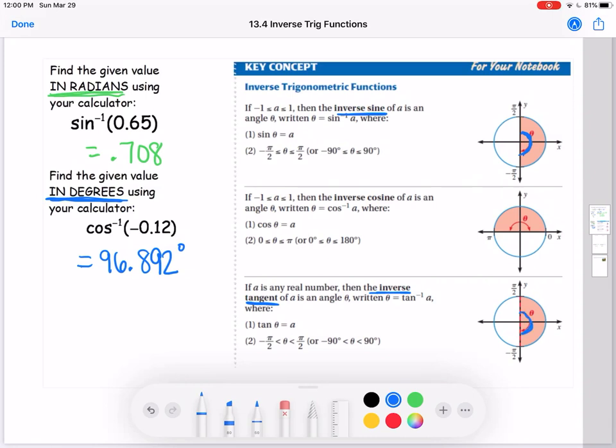Those two things give us values in quadrant 1 or quadrant 4 every single time. Cosine is a little bit of an oddball, and the inverse cosine gives us values in quadrant 1 or in quadrant 2. So always something to keep in mind where our trig functions are giving us our values and where we actually want them to be.